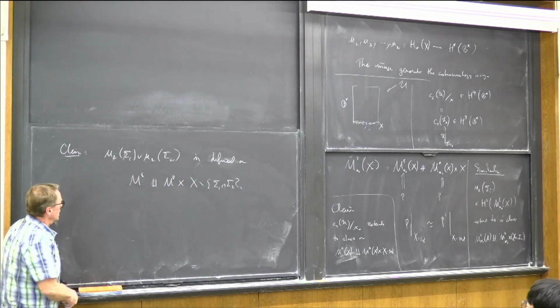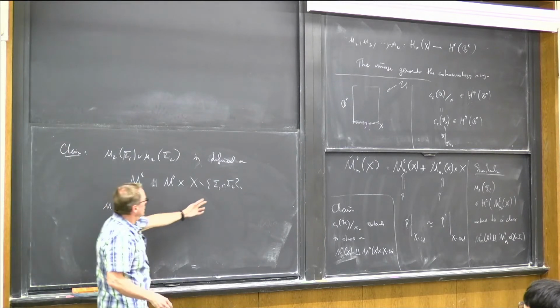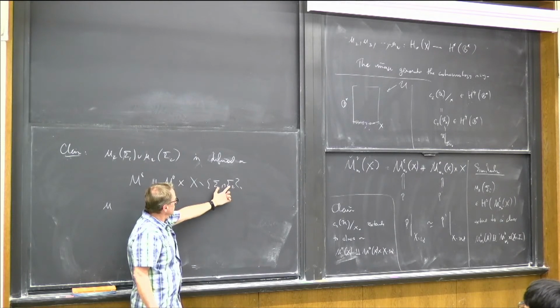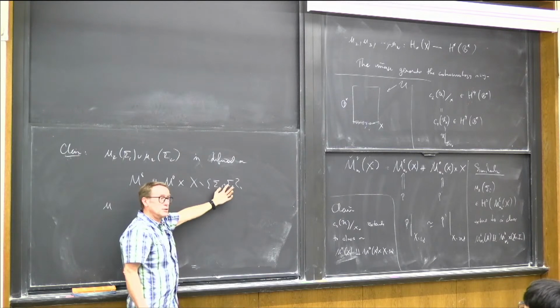Again, you might want to take neighborhoods. But you notice that these are two-dimensional homology classes. If they're in general position, then the intersection will be some points.